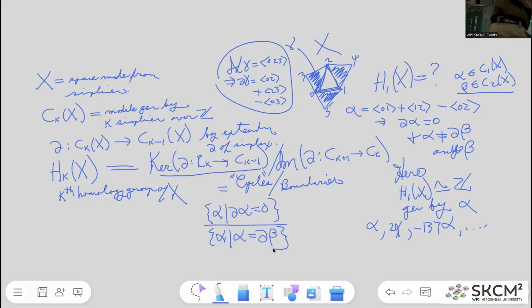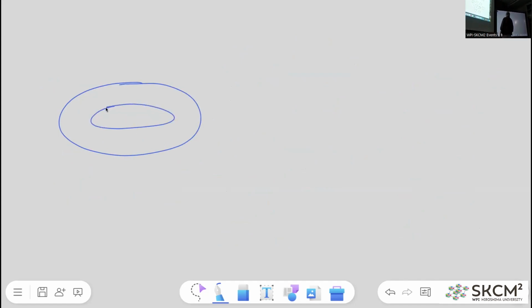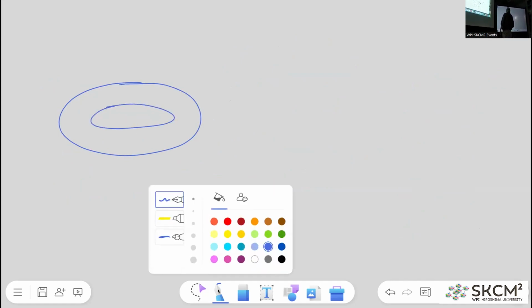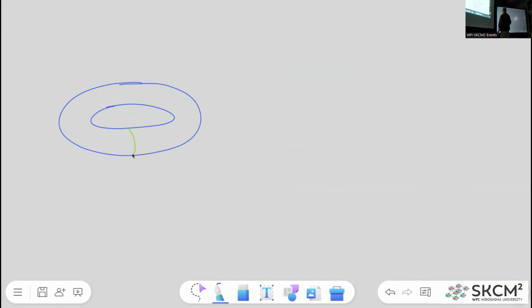You can think of lots of examples now, if you go away from this algebra that I'm drawing and just go back to thinking about a space. So for example, if you had a torus and you're looking at curves in the torus, then you have a curve like this, and that is surrounding a one-dimensional hole, right? That isn't bounding anybody.